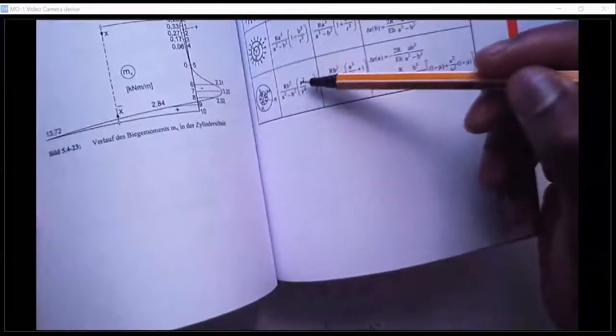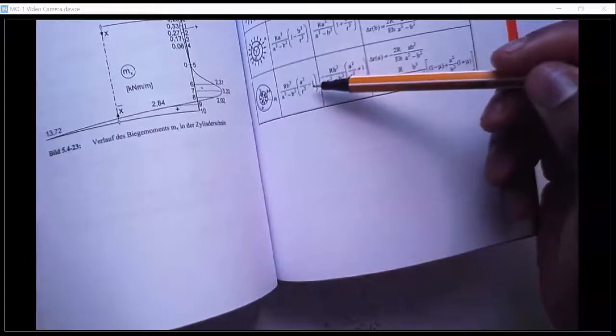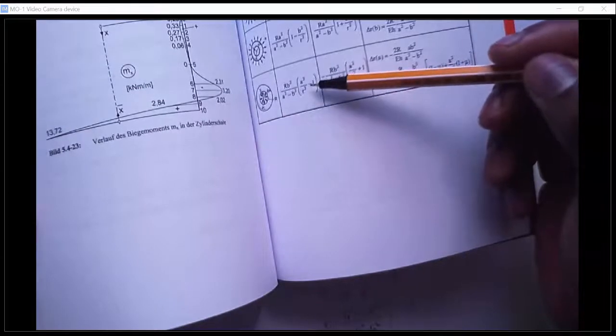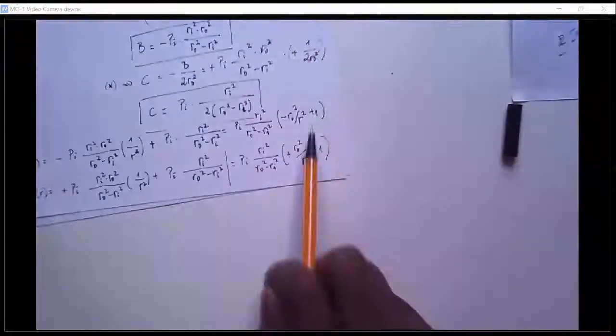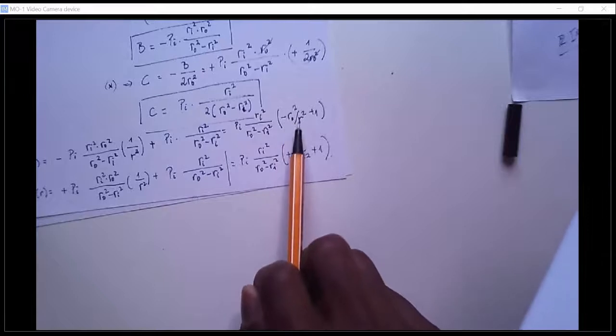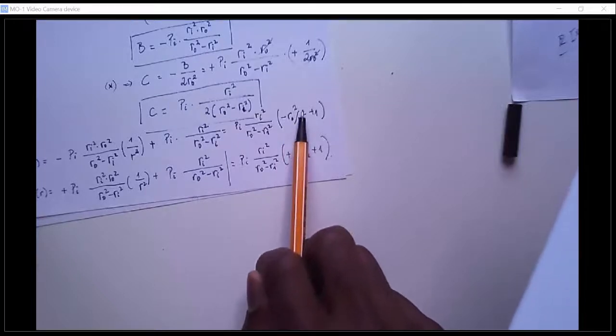So here where they have a squared divided by r squared minus 1, in our case, what we should expect is 1 minus a squared divided by r squared for the radial stress. And that's what we have: 1 minus outer radius squared divided by the actual variable, r squared. Okay.